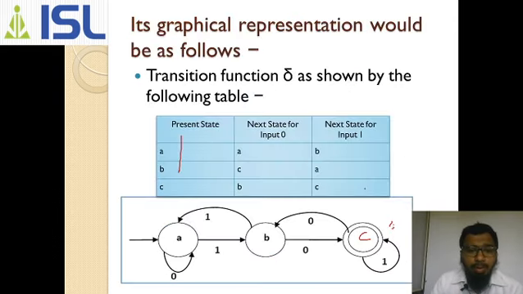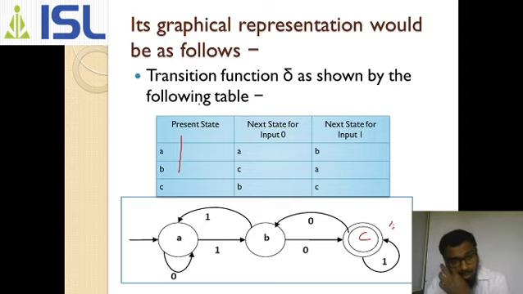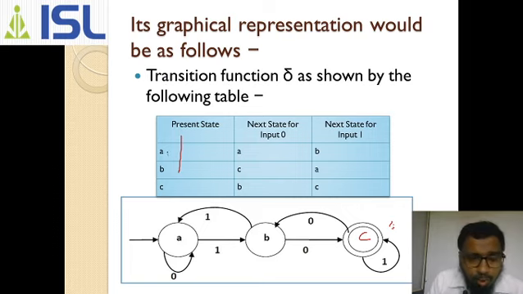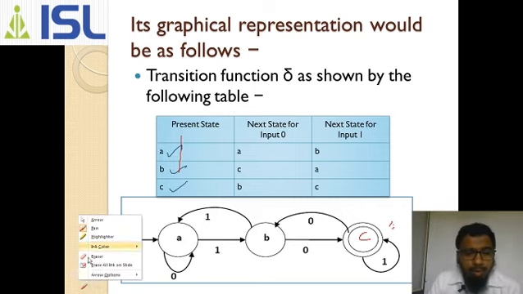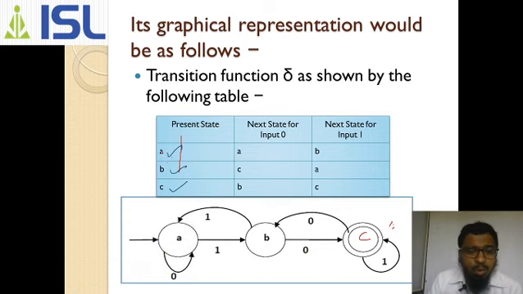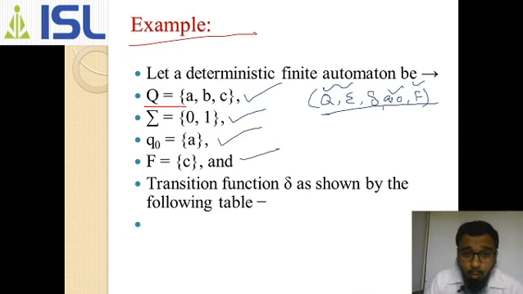Here is the table, and here is its graphical representation as follows. The transition function delta is shown by the following table, and this is A, B, C. What is this A, B, C? A, B, C is nothing but Q, this one.